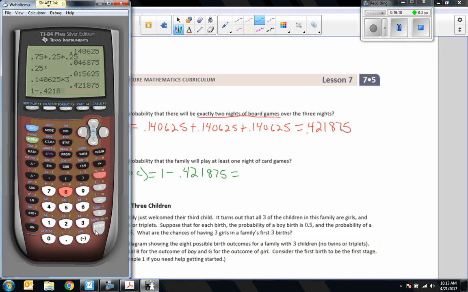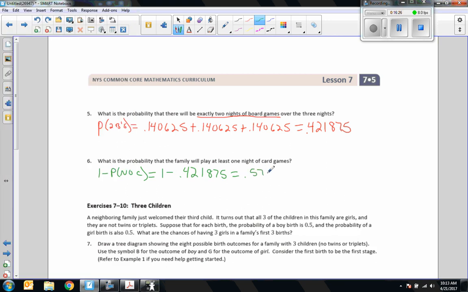This is malfunctioning here. Click something on my pen and I can unhook this. Okay, a little bit of a glitch there, but we got it. So 0.578125.